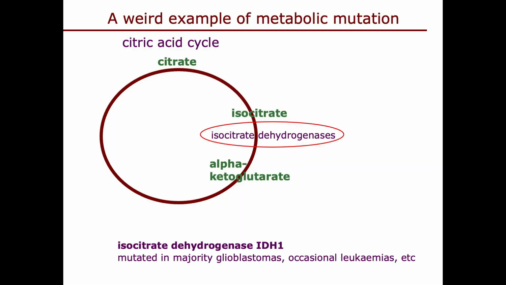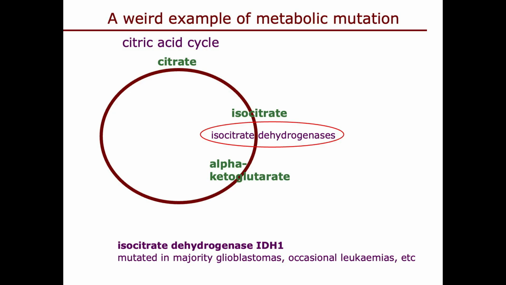What was unexpected is that mutations which we find are quite different from this, and the best known are the mutations in the isocitrate dehydrogenases, IDH1 and IDH2. These are mutated in gliomas and leukemias, amongst other cancers.